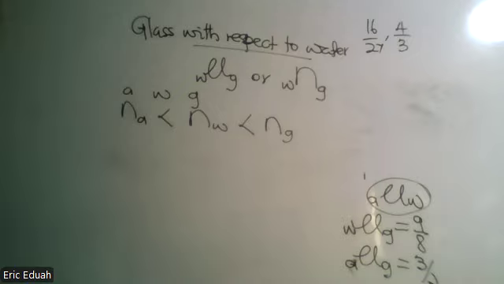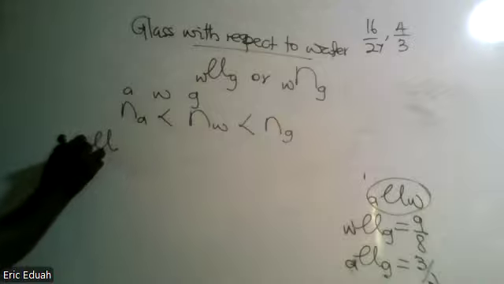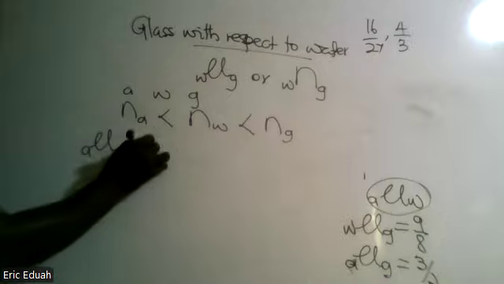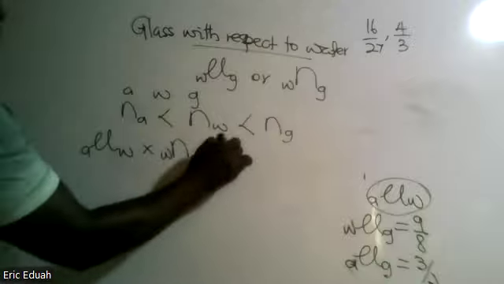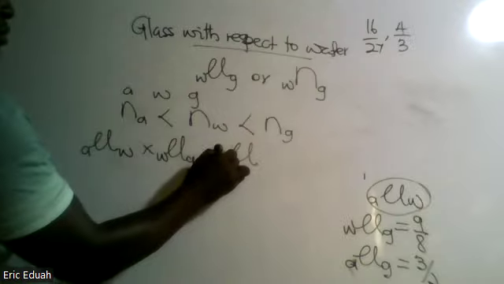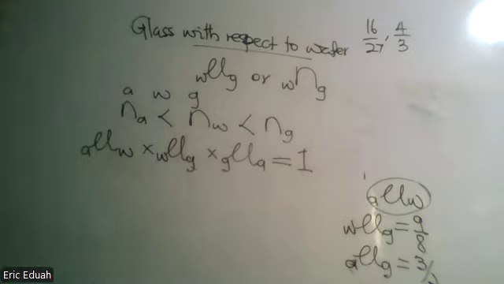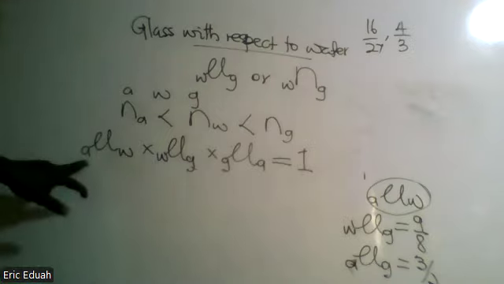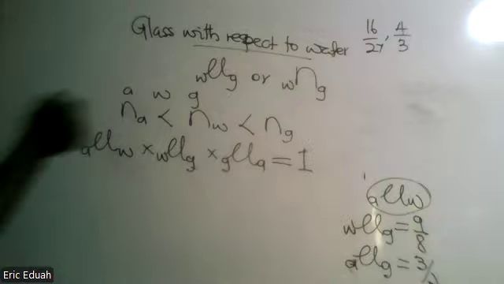Then the refractive index from air to water times from water to glass times from glass to air must be equal to 1. So do we have the refractive index from air to water? This is what we have to calculate.